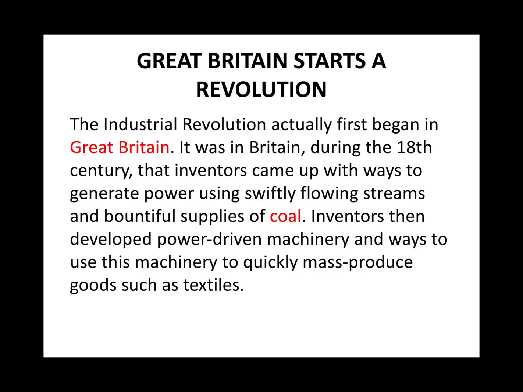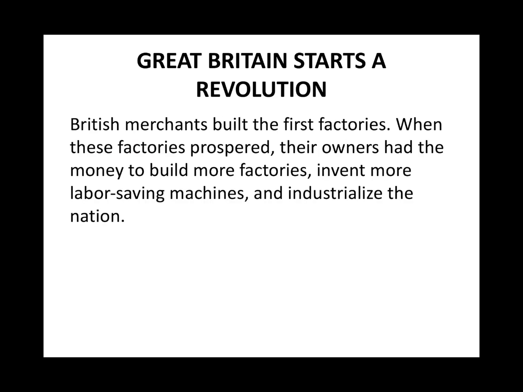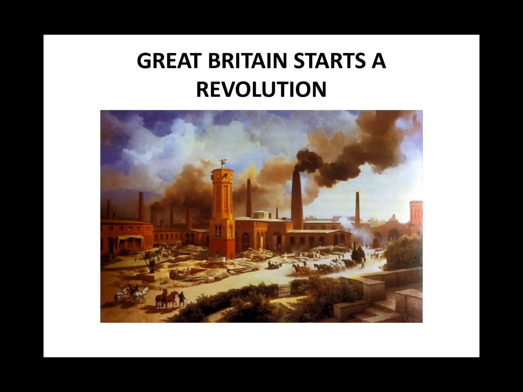Inventors then developed power driven machinery and ways to use this machinery to quickly mass produce goods such as textiles. British merchants built the first factories. When these factories prospered, other owners had money to build more factories, invent more labor saving machines, and industrialize the nation.